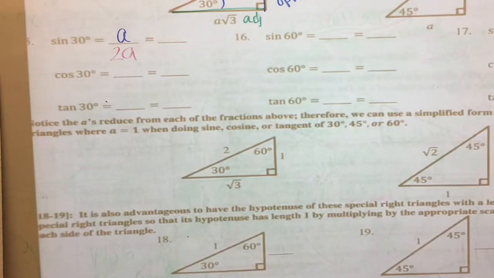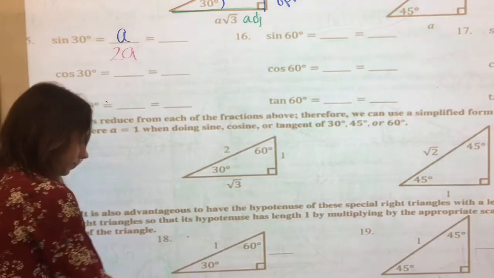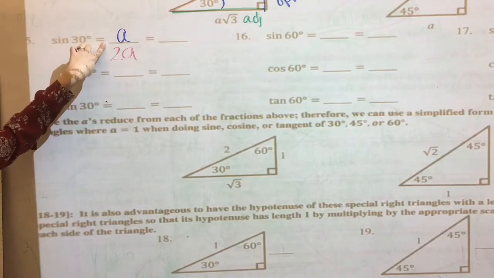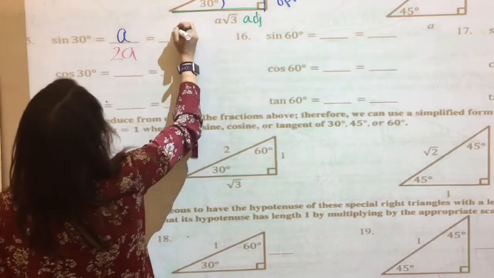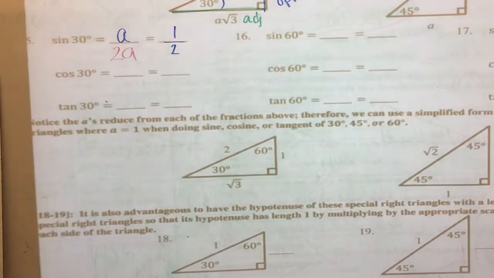What do I get when I reduce it, class? Well, the common factor is A. I get 1/2. So that's my first reduced ratio. I'm telling you it's going to reappear. We're going to see it again.